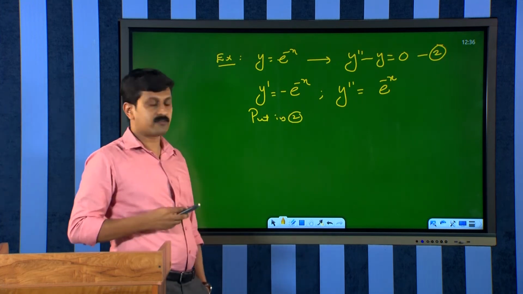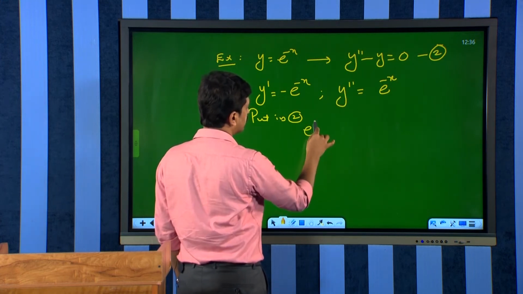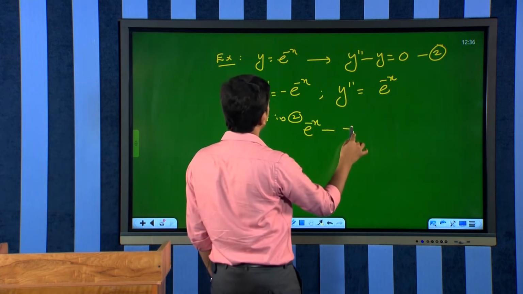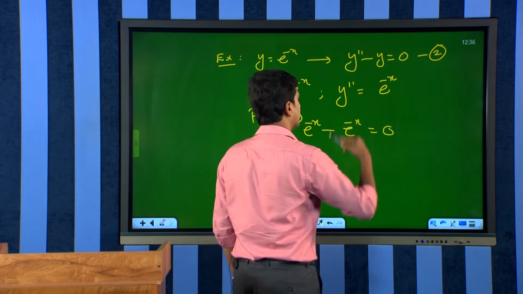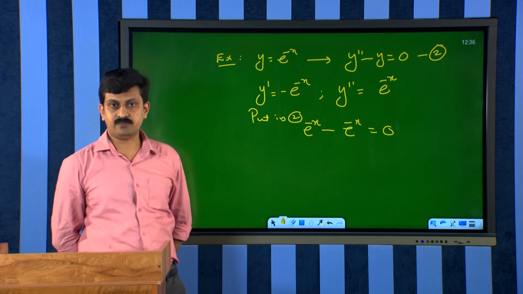So, we have y dash and y double dash. The y double dash is e raised to minus x and y is equal to e raised to minus x, so the value will be equal to 0. So, it satisfies the equation.